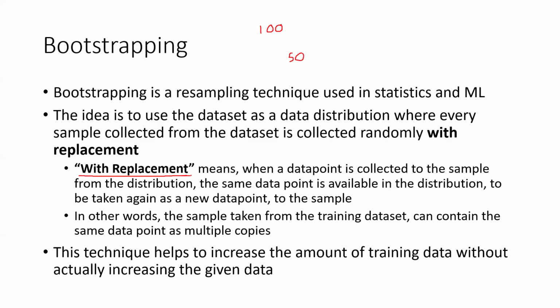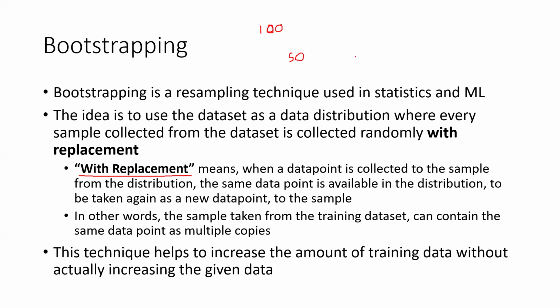With this technique, the same data point may be replicated. For example, a certain data point may appear only once in the original data set, but it may appear 2 or 3 times or any number of times in the sample data set, right?